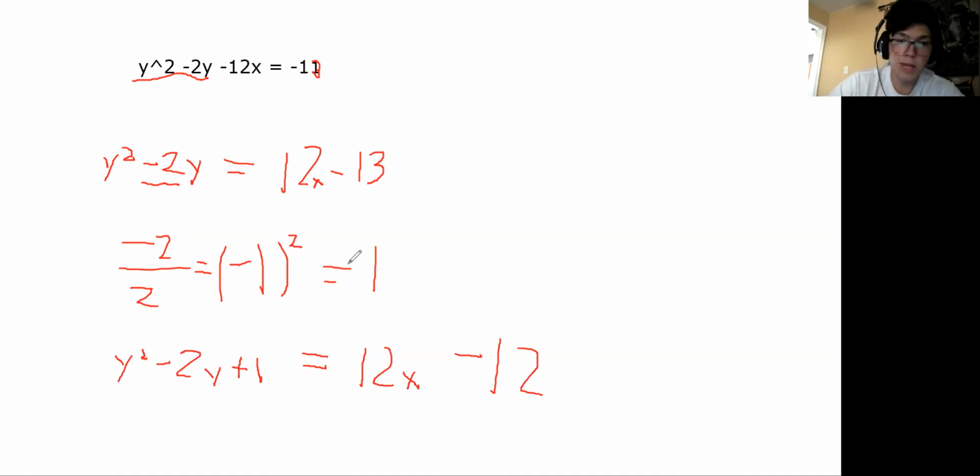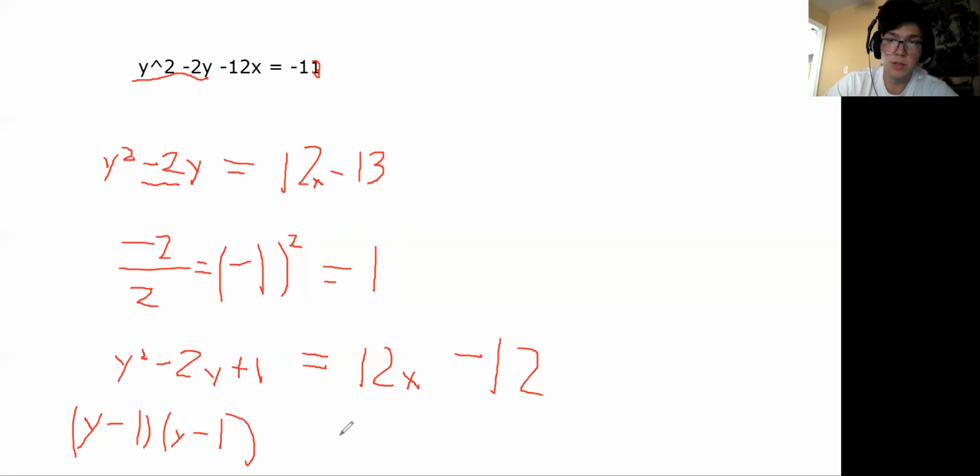Well, the reason why we added this specific number is because this will factor into something really cool. It will factor into y minus 1 times y minus 1. Pretty handy, actually. And if these are both the same thing, then I could say one of them squared.